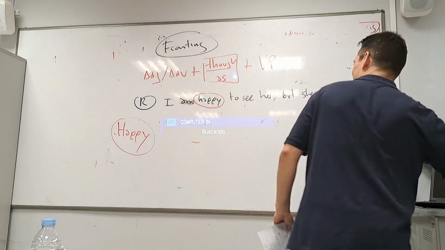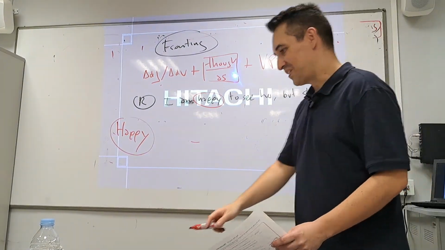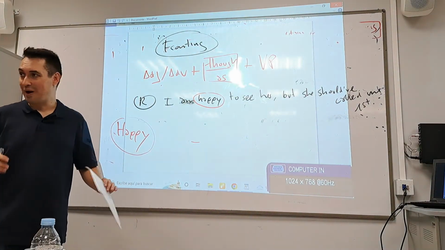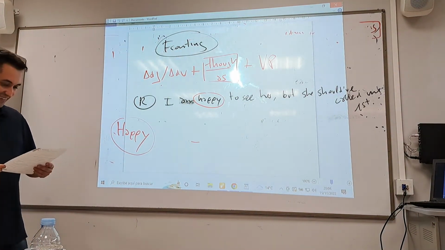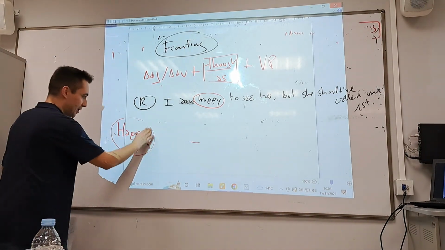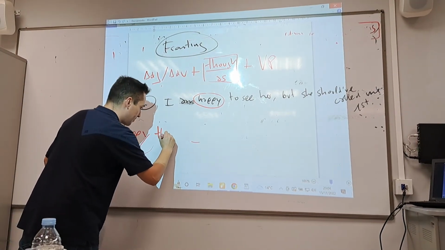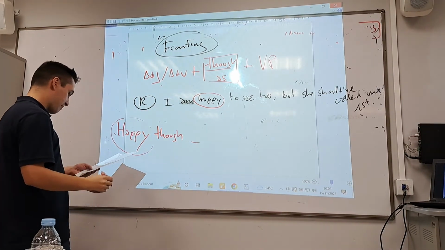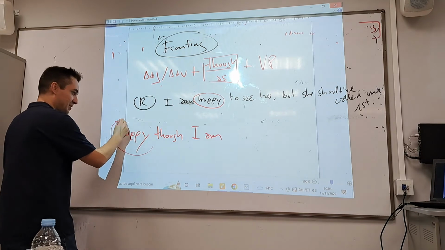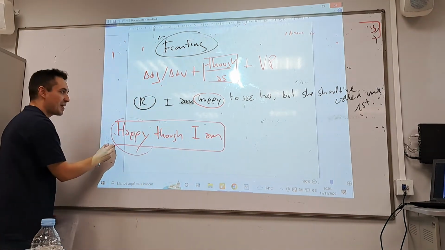How can I make it fronting? This is difficult, so I think I'm just going to tell you, unless you come up with it. Happy though, this is a fixed expression. I just want you to learn it. Happy though I am. Memorize this, okay? Happy though I am.